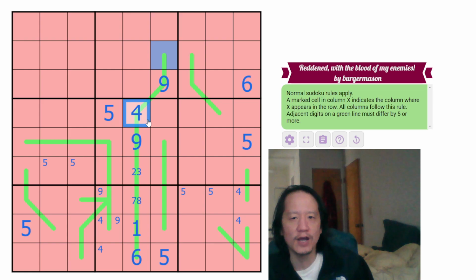So anytime you have a low digit, it would have to be 6 or higher anyways. If you have a high digit, which is 6 through 9, what digits can be next to that? It has to take the highest digit, which is 9, and then subtract 5 from it. That gives you 4 or lower, which can be next to the 9. So anytime you have a 6 through 9, you have to have a 1 through 4 next to it, and vice versa. So it always alternates between this.